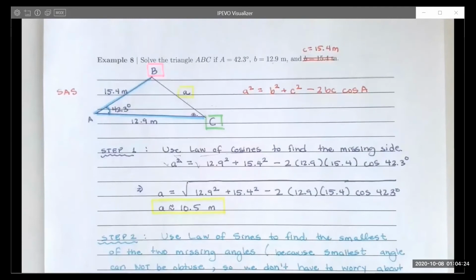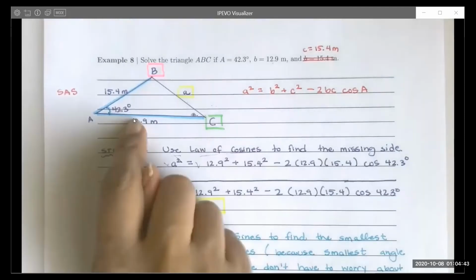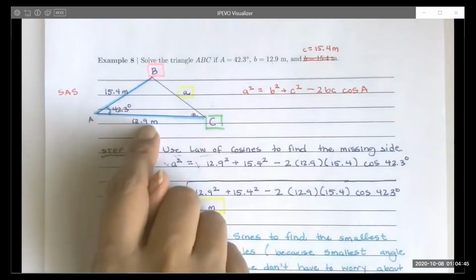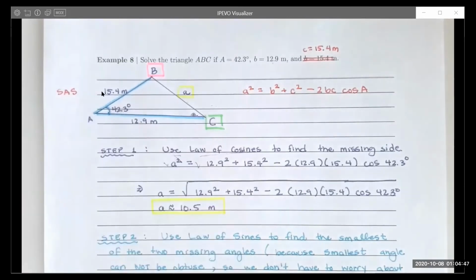Let's start there. What is the measure of the smallest side that corresponds to unknown angles? B. B, good, yeah. So if you take a look at B, we have 12.9 meters in comparison to the 15.4. This is the smallest, right?